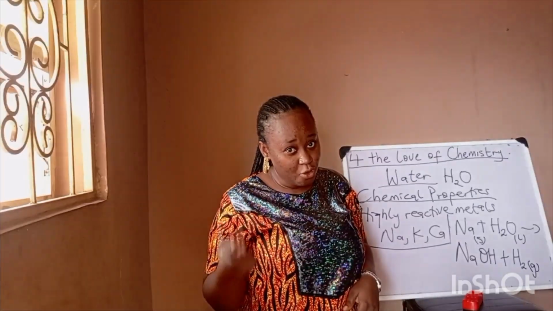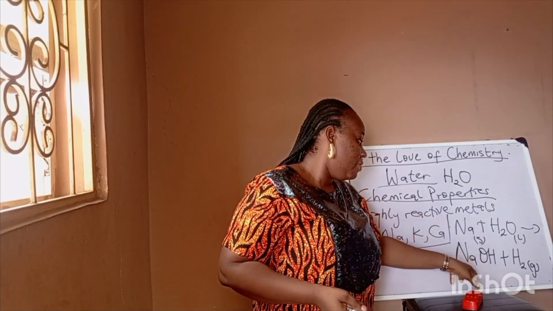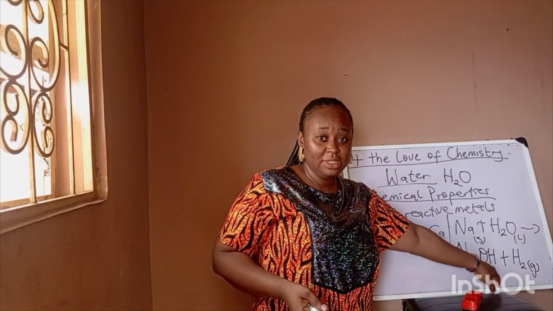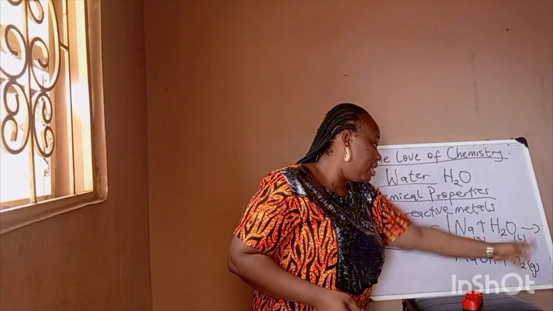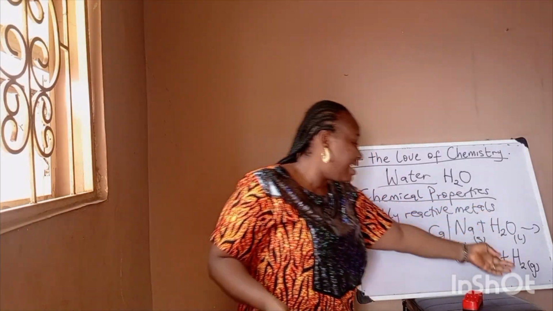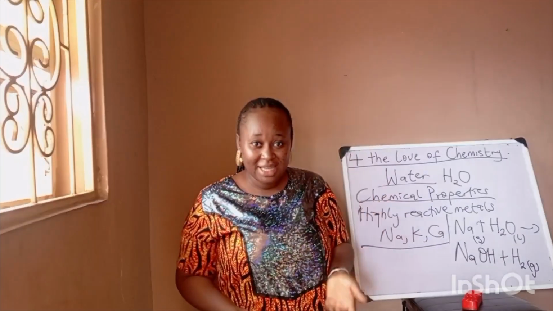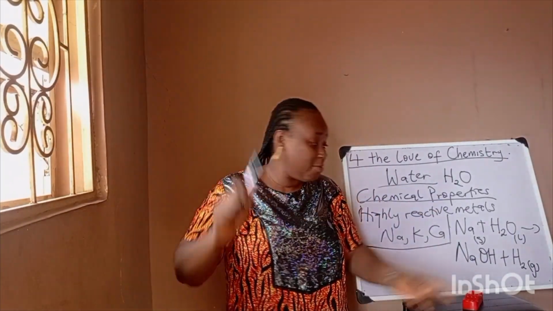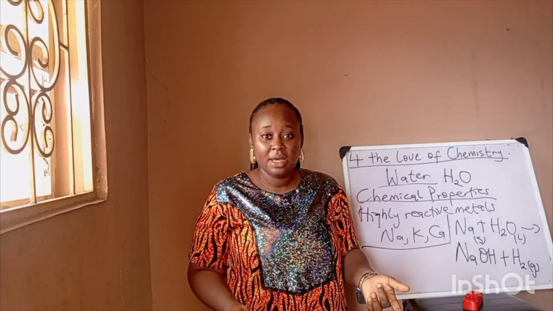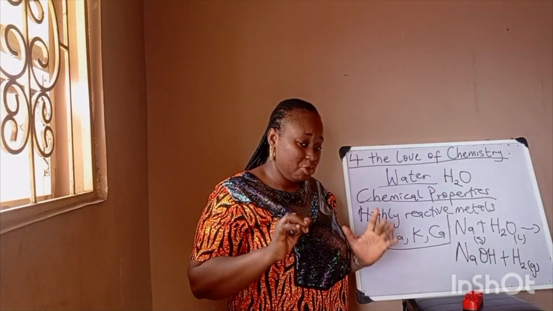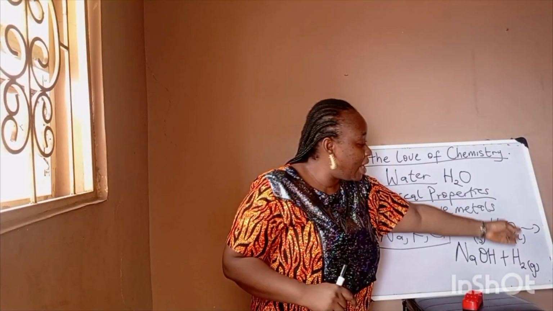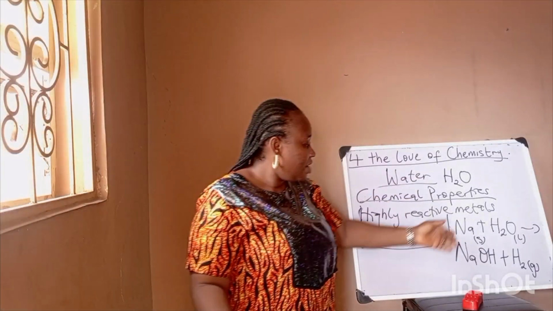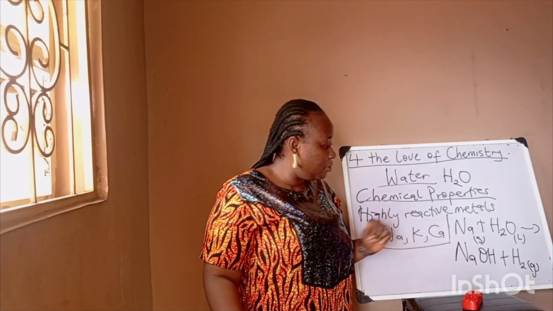You already know that, of course, for a base we have the hydroxide ion. Then what will be left is hydrogen. You can't write hydrogen without putting 2 there because one single atom of hydrogen cannot stand on its own. Remember I taught you how to write equations, so I want you to note that so you don't make mistakes while writing them. Now look at the equation and check, is it balanced? We have an atom of sodium here, we have an atom of sodium here.